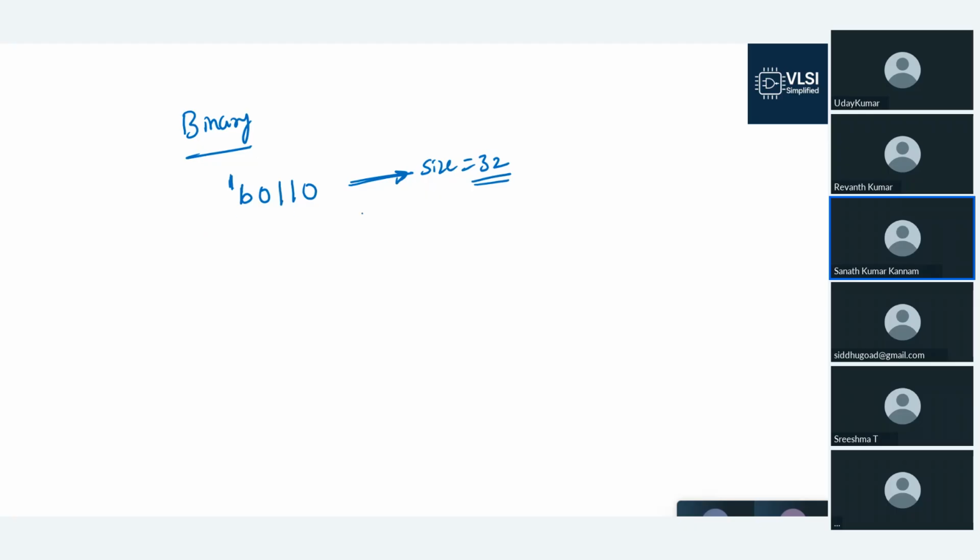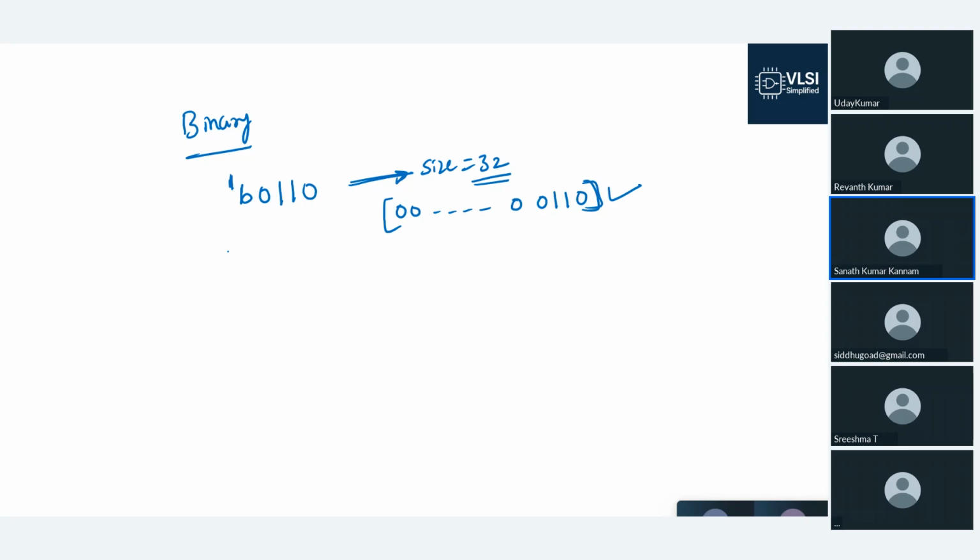It will store it like this: 28 zeros are there, and after that it will store 0110. So the compiler will store these bits as 32 bits if we are not defining the size.